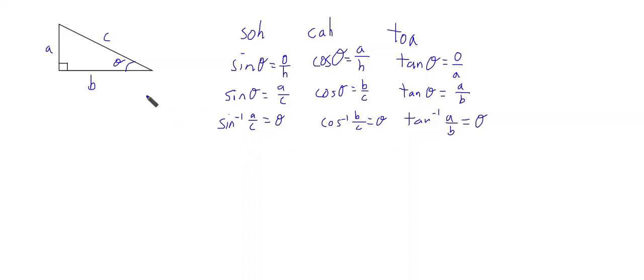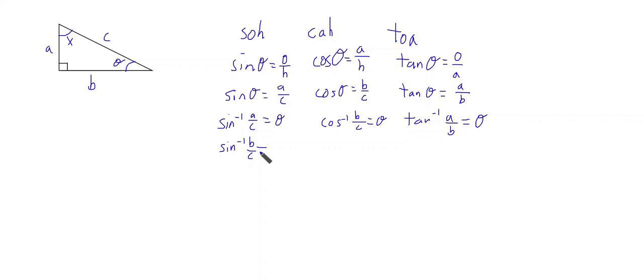Okay, additionally, let's call this other angle another symbol. Let's just use x. If I say let's do the arc sine of B over C, since this is opposite over hypotenuse, the only angle that B is opposite to is x.